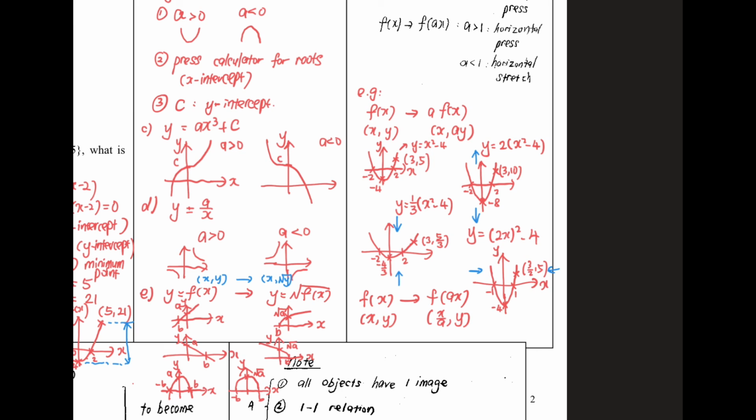Let's say I have y equal to (1 over 3 x) squared minus 4. As you can see, I multiply 1 over 3 to the x. So when I multiply 1 over 3 to the x, what happens? Imagine, look at this first. Multiply 1 over 3, the x coordinate, x divided by 1 over 3.